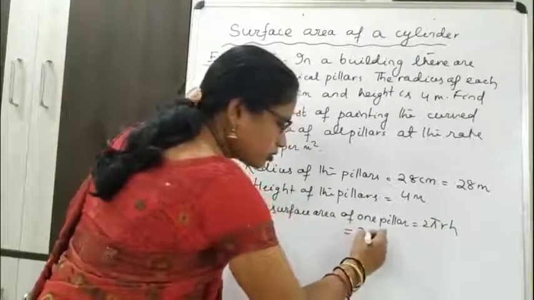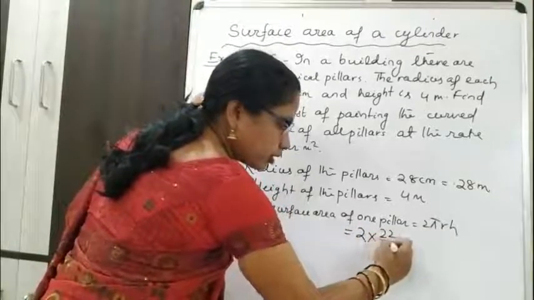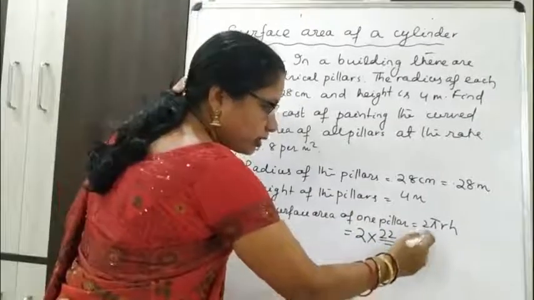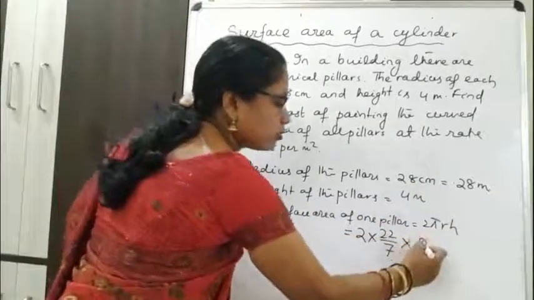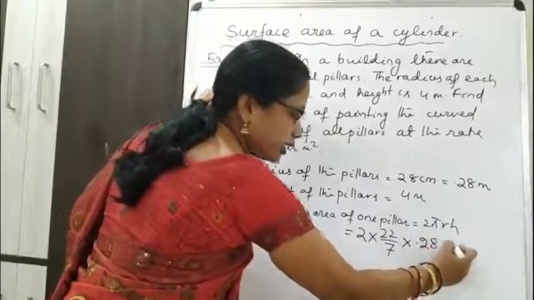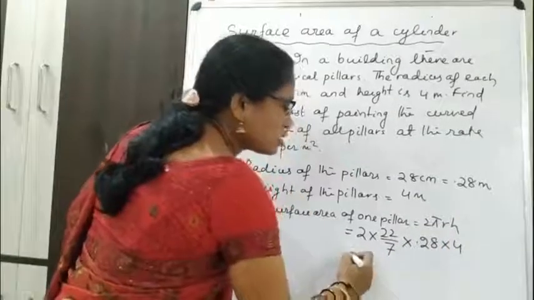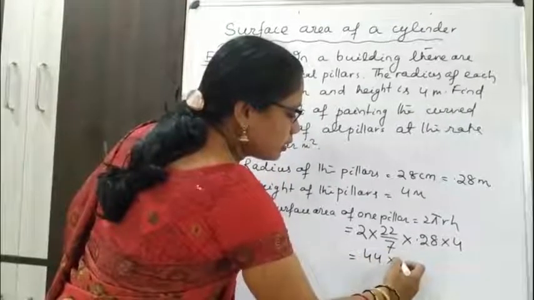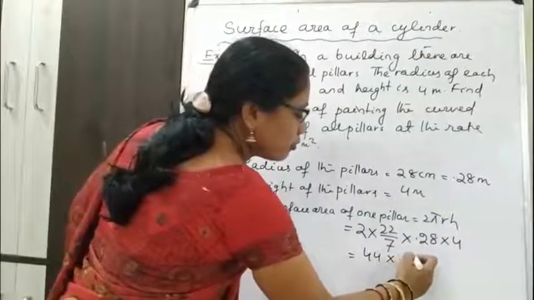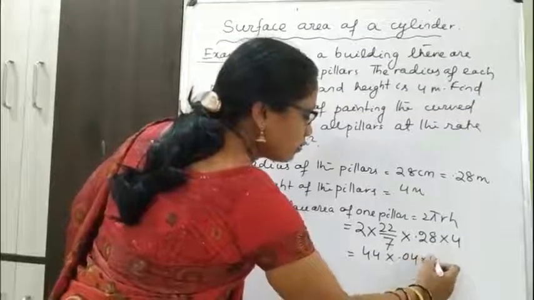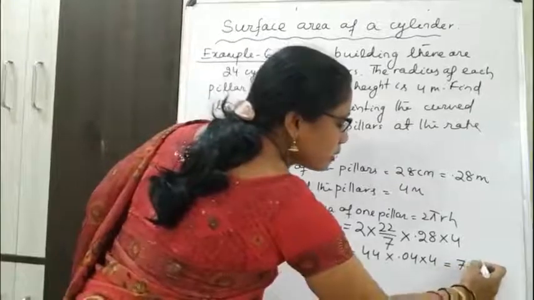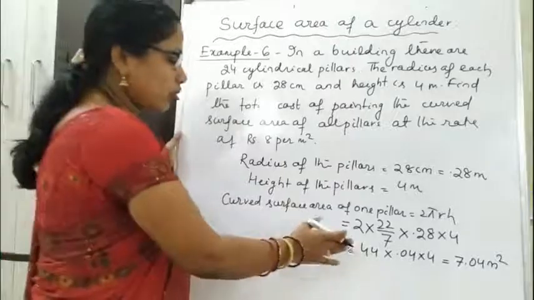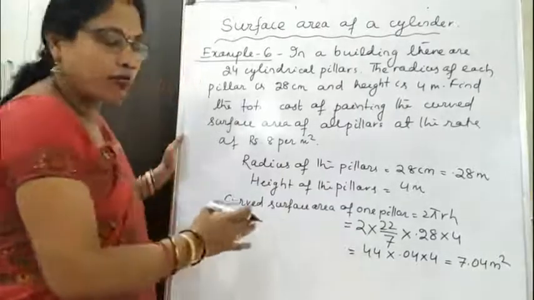So this is equal to 2 multiplied with 22 by 7, the value of pi is 22 by 7, multiplied with r which is 0.28, multiplied with h which is 4. So this is equal to 44 multiplied with 0.04 multiplied with 4, which is 7.04 meter square. So this is the curved surface area of one pillar.